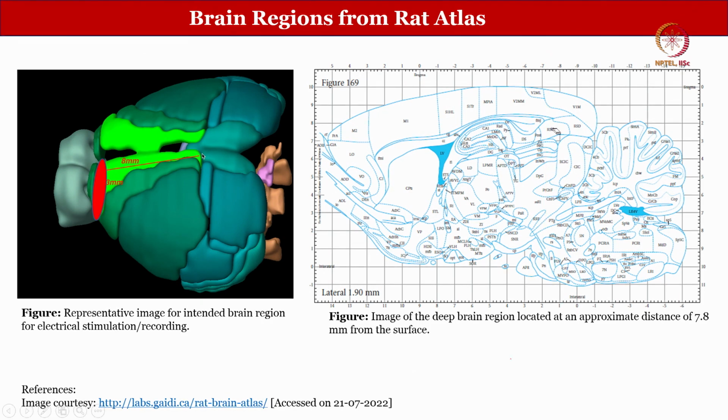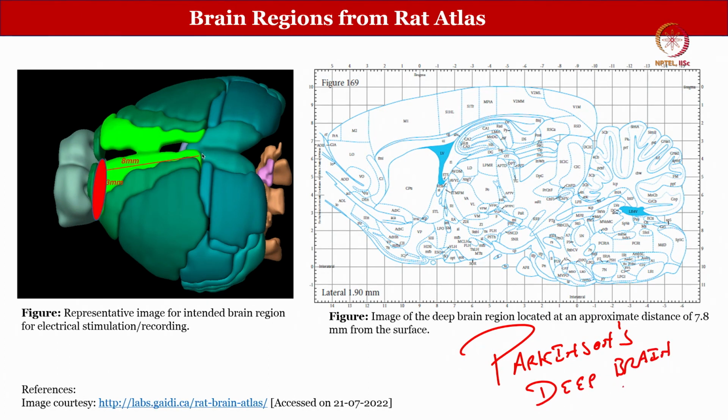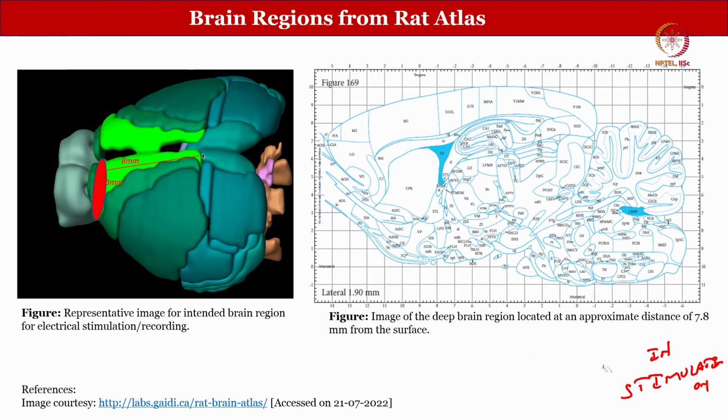This is when we are looking at Parkinson's disease, because the way to treat it is by using deep brain stimulation. That means you have to go deep down in the brain and then stimulate a certain area. We will discuss that later.